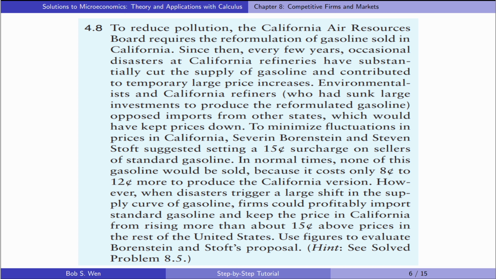However, when disasters trigger a large shift in the supply curve of gasoline, firms could profitably import standard gasoline and keep the price in California from rising more than about 15 cents above prices in the rest of the United States. Use figures to evaluate the proposal.